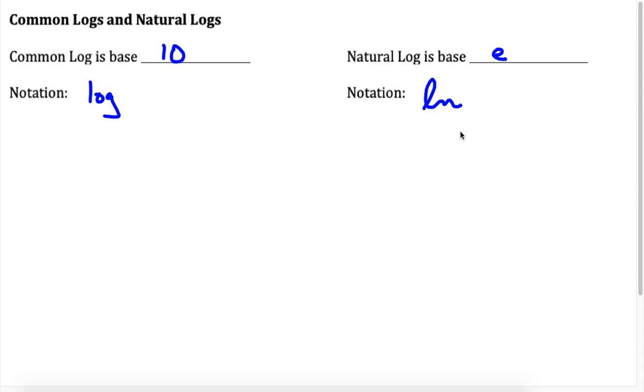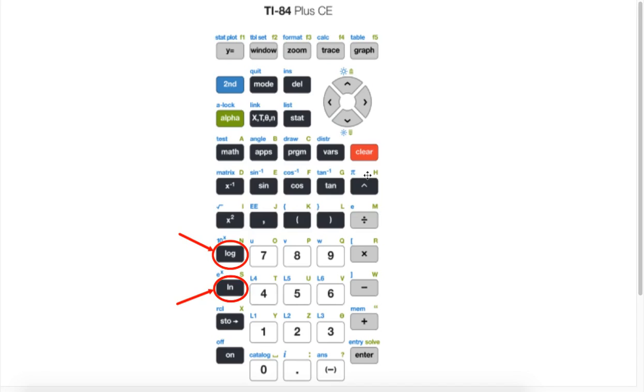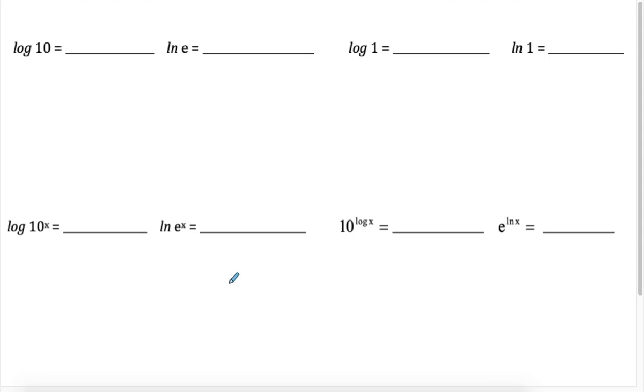All right, so first, let me mention that these are so important. They each have their own button on your calculator, right? This log button here is log base 10, and then this button here, ln, is the natural log, log base e. So let's look at a few examples here, okay?